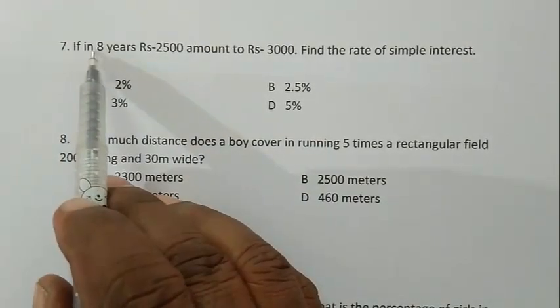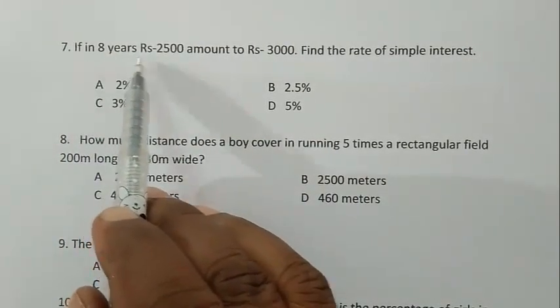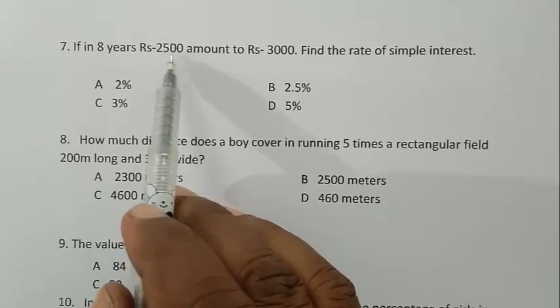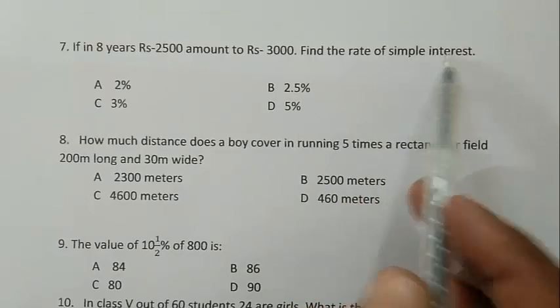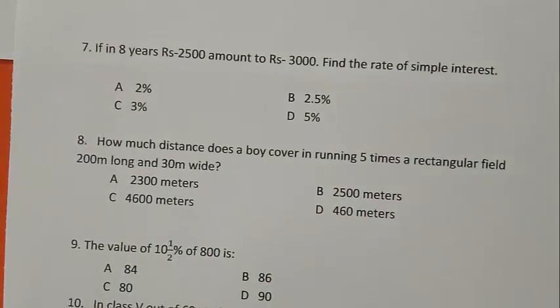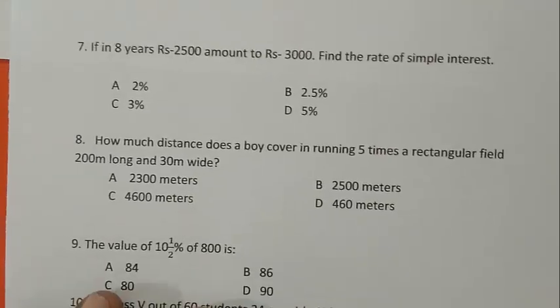Question number 7. If in 8 years rupees 2500 amount to rupees 3000, find the rate of simple interest. So we simply calculate it with formula.